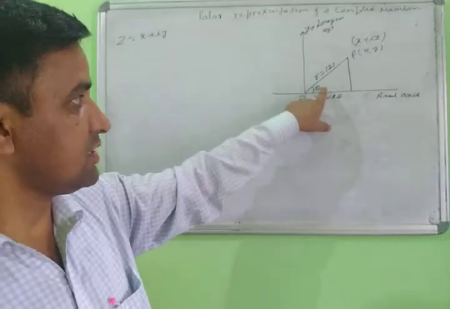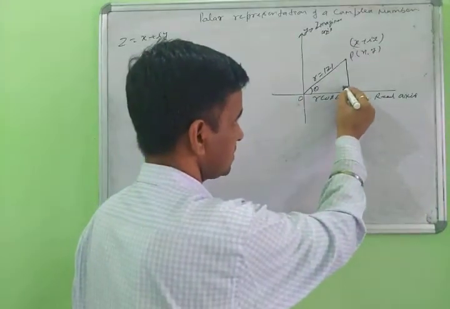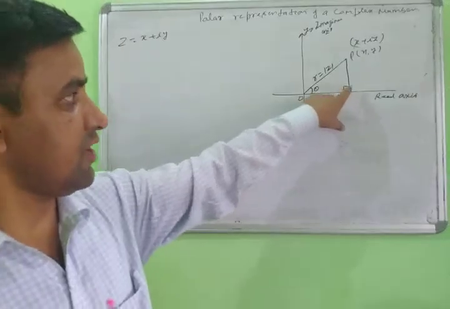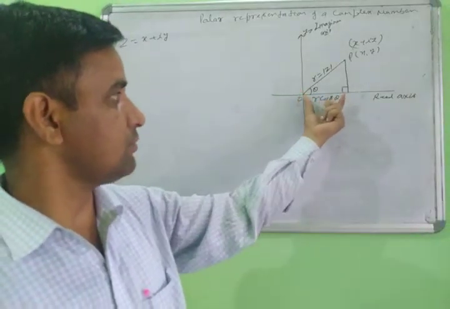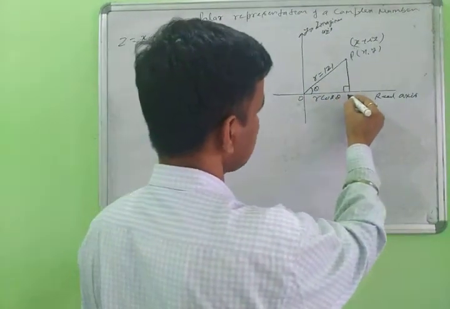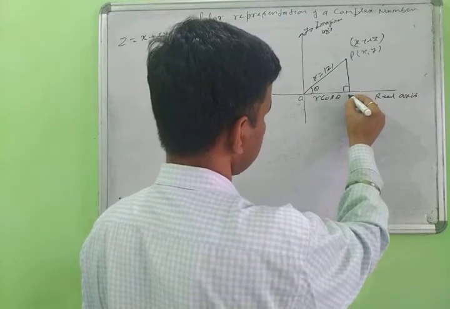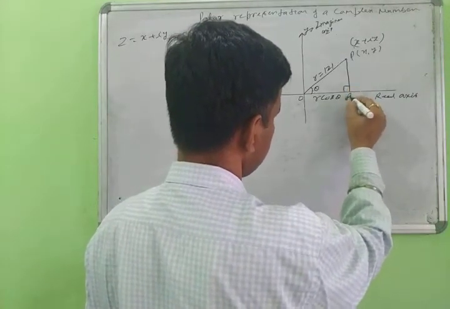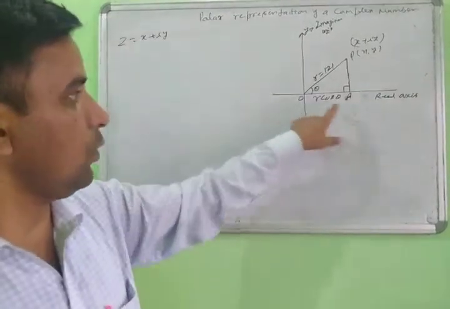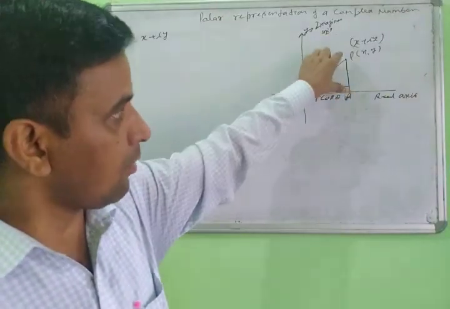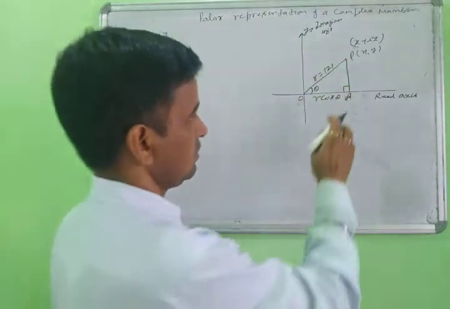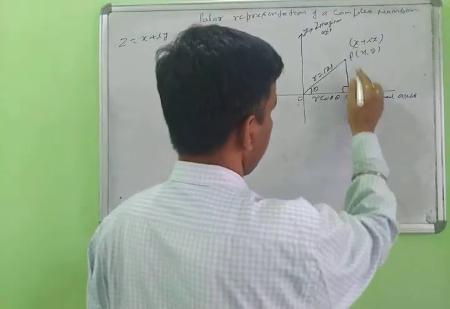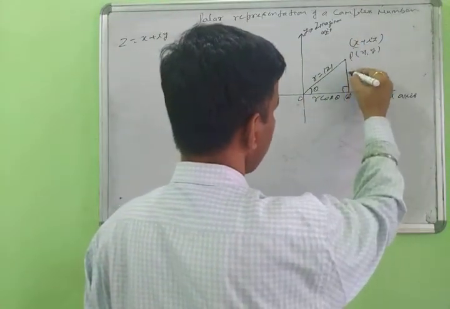With the help of this 90-degree angle, using the Pythagoras theorem, how much is the length? Suppose any point P, and a point A. How much is the length of OA? This is r cos theta. Take this point Q. How much is the length of PQ? This is r sin theta.